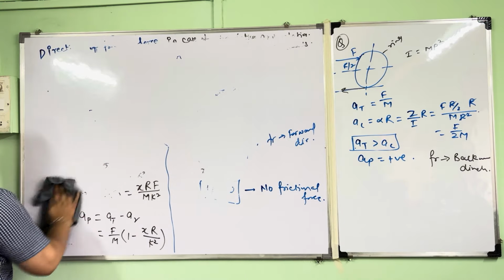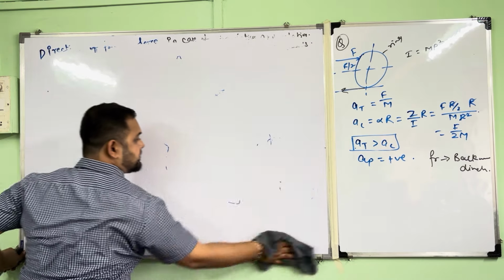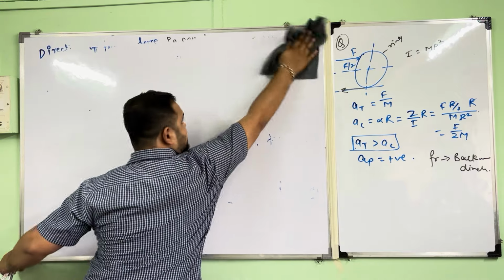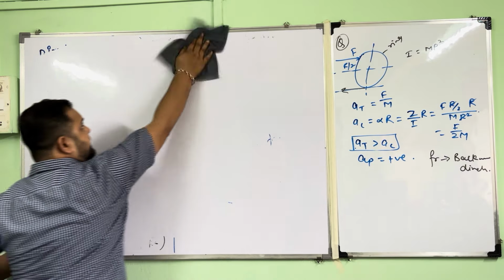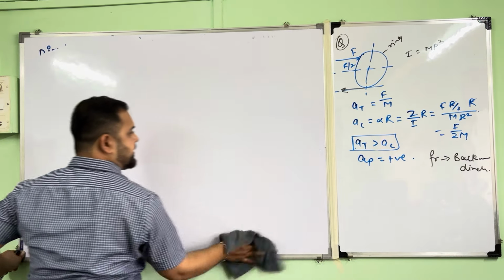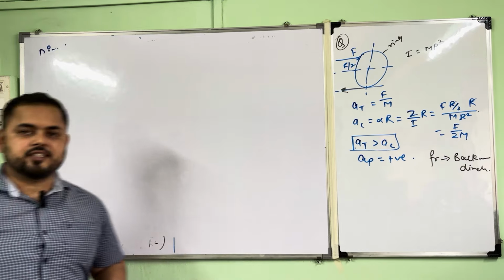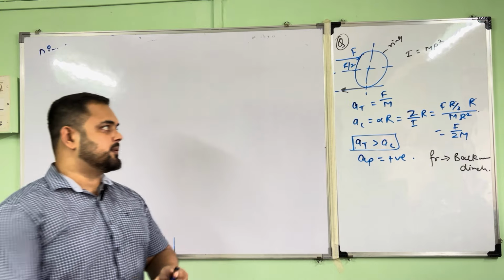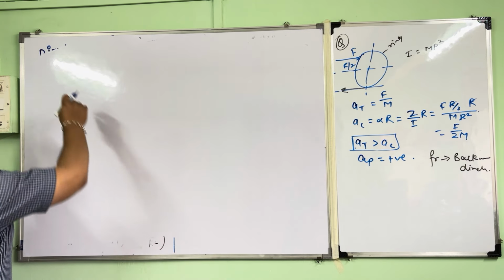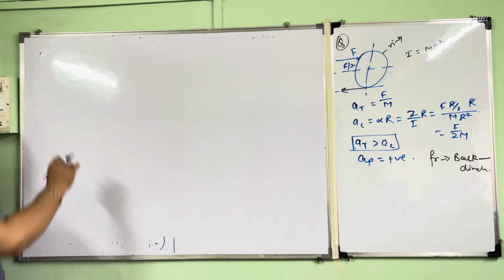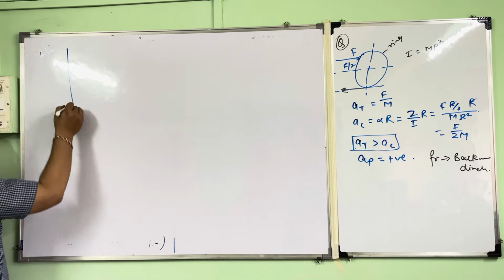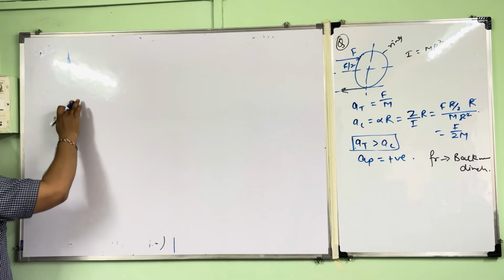Okay, so next, if this body is a disk, then what is the direction of frictional force? Let me calculate before making any assumption, just for understanding. We have already calculated for the ring.